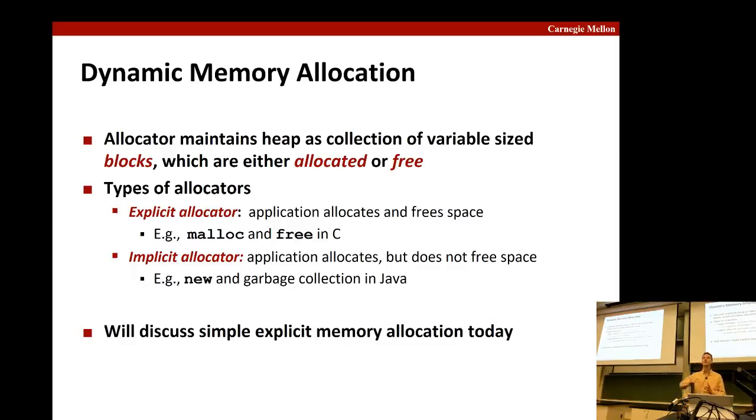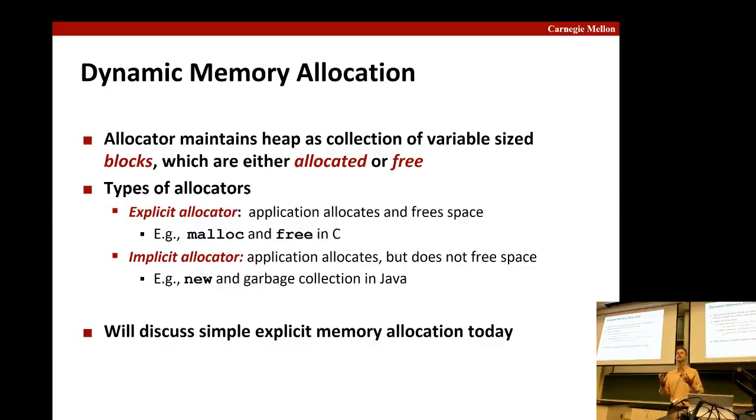Inside this heap, the dynamic memory allocator maintains a collection of blocks that can be of variable size, and each of these blocks at any point in time is either allocated or free. Since we're dealing with C, we're going to talk about explicit allocators, which means that under the user's program control, you both allocate memory and free memory when you're done. For instance, malloc and free in C. That can be contrasted with languages such as Java, where the user doesn't do the deallocation.